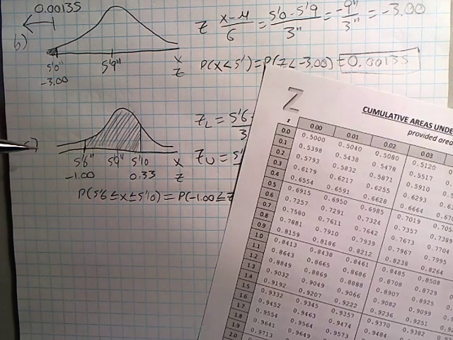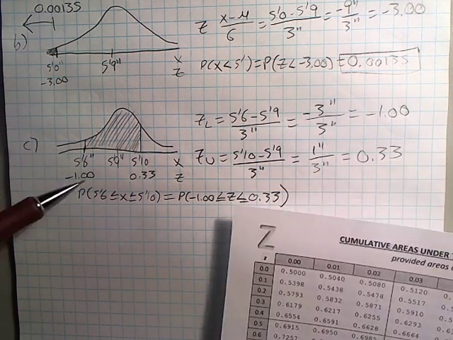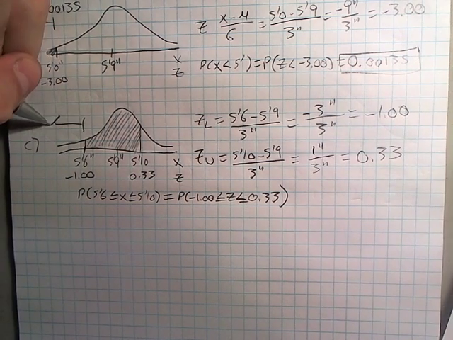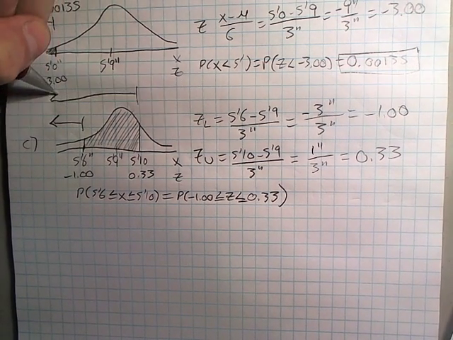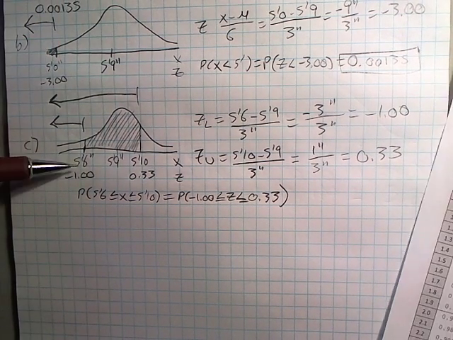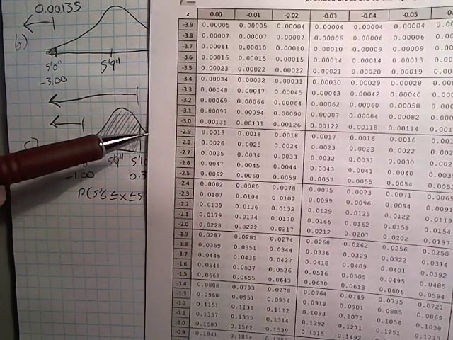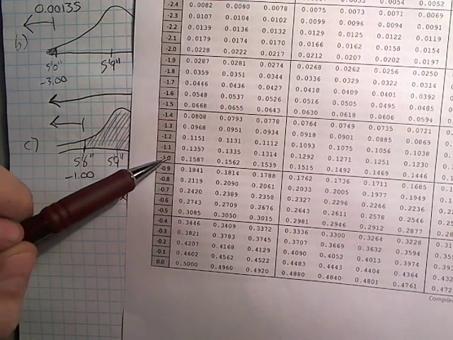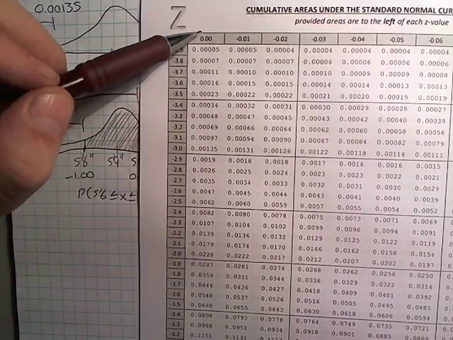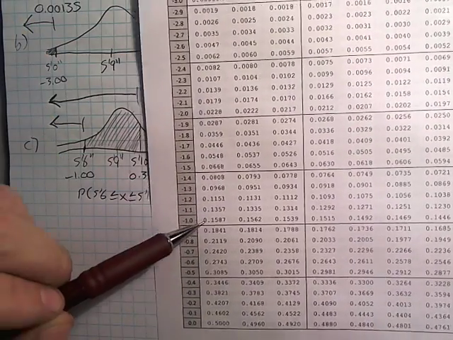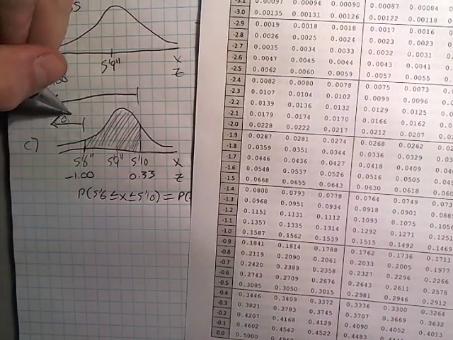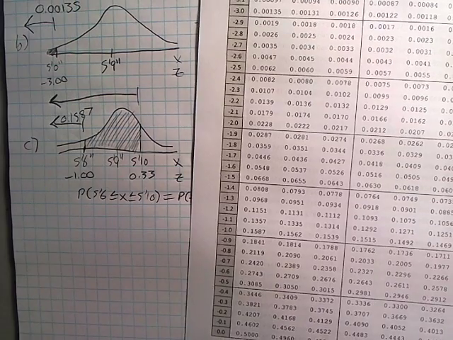So in order to solve this part C problem, let's come up with both of those corresponding areas. First thing we'll do is look up negative 1.00. Negative 1.0 in the 0 column is 0.1587.